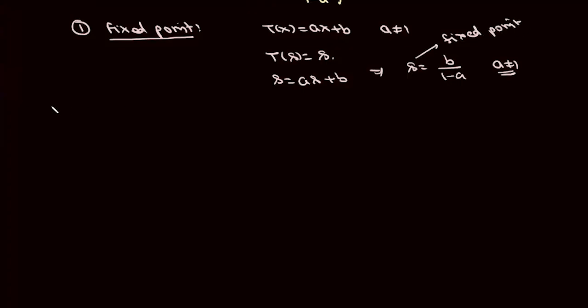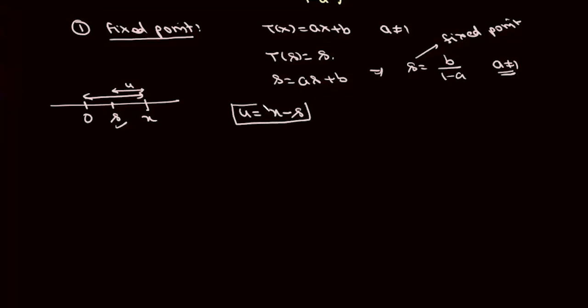What we are essentially doing is changing the origin to this point s. The previous input x is now input u in this new origin, so u = x - s.